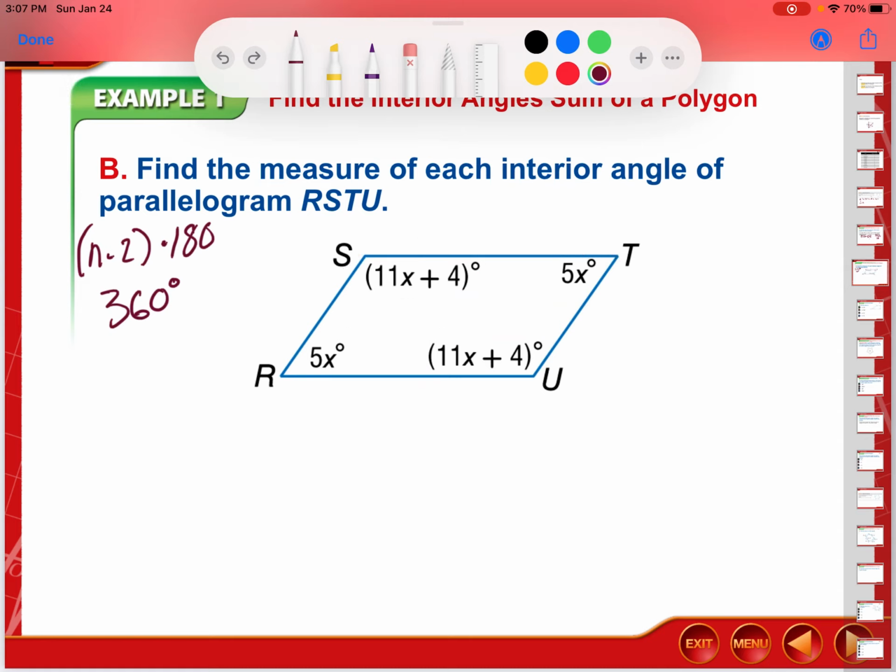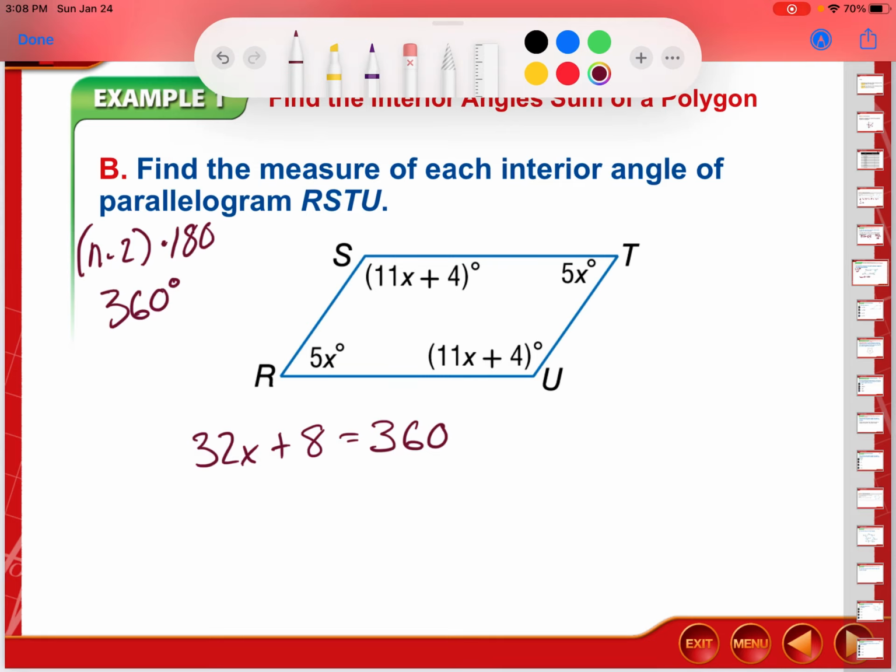So let's add these up. When I add these up, I don't like to write it all out. In my head, what I do is I say, okay, 11x plus 11x is 22x plus 5x plus 5x, so that would be 32x. So 32x plus, then I deal with my regular numbers. I have 2 4s, so plus 8 equals 360. That's how I do it when I work with one of these. I just deal with the x's first, then I deal with the regular numbers.